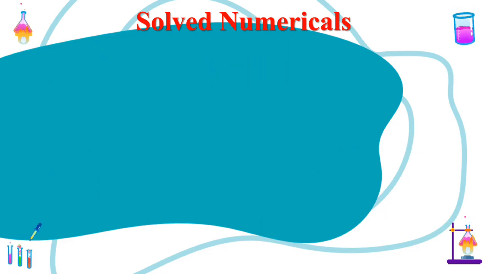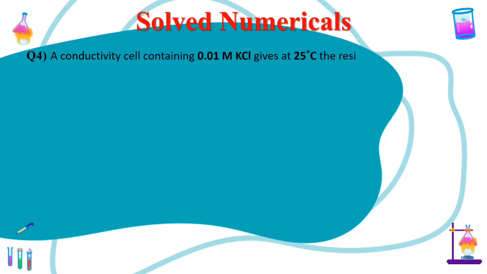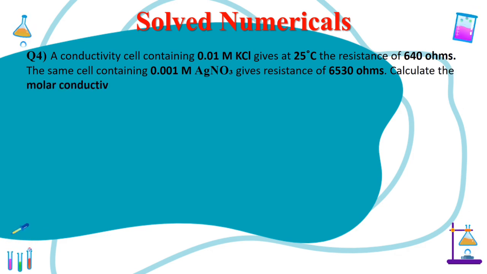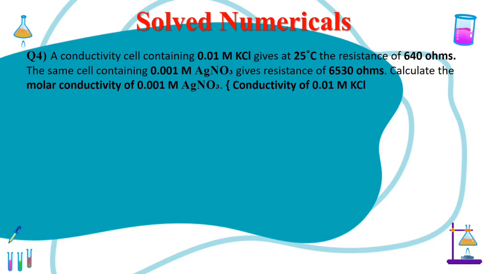Let us move to the next question. In this numerical, the resistance of 0.01 molar KCl solution is given as 640 ohms. Using the same conductivity cell, a 0.001 molar silver nitrate solution shows a resistance of 6530 ohms. Calculate the molar conductivity of silver nitrate.